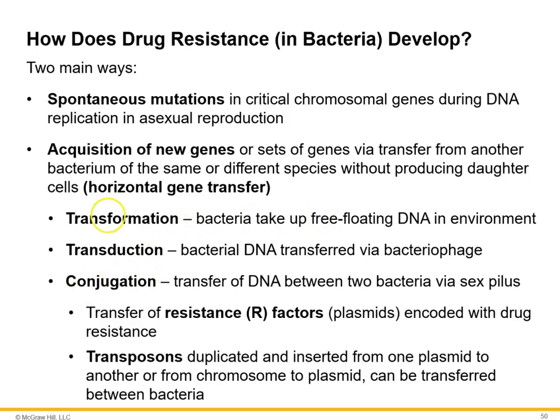Another way that genetic material can be transferred horizontally is through transduction. What happens here is it involves a bacteriophage. So remember, bacteriophages are viruses that specifically infect bacteria. You might get a bacteriophage that infects a bacterium.